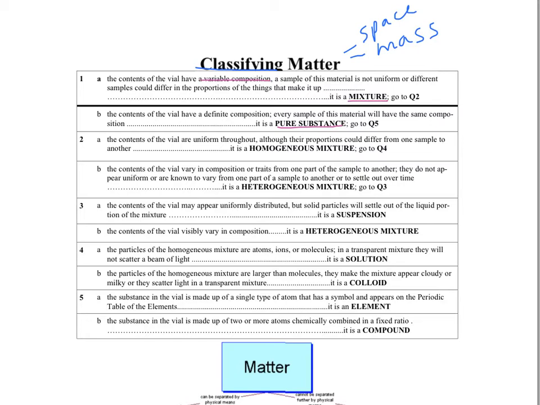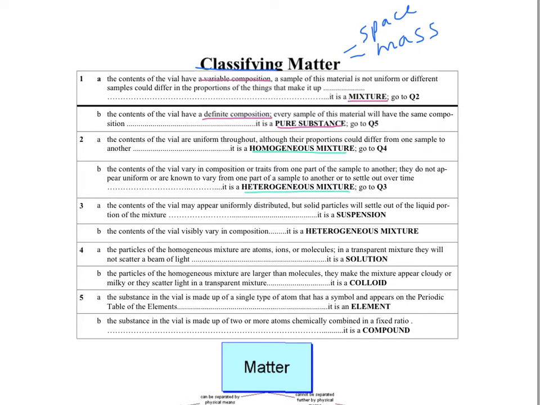Whereas if the contents of the vial have a definite composition, it always looks the same. Every sample of that exact substance is always the same, such as pure water, then it is a pure substance, hence the term pure. We further break down mixtures into homogeneous mixtures and heterogeneous mixtures.